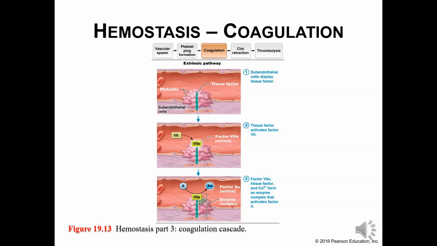And then factor 7A, tissue factor, and calcium form this enzyme complex that further activates factor 10 to 10A. That's what we refer to as the extrinsic pathway because it occurs with exposure to these subendothelial cells displaying tissue factor, which is out in your tissue, not inside the blood. So it's called the extrinsic pathway.